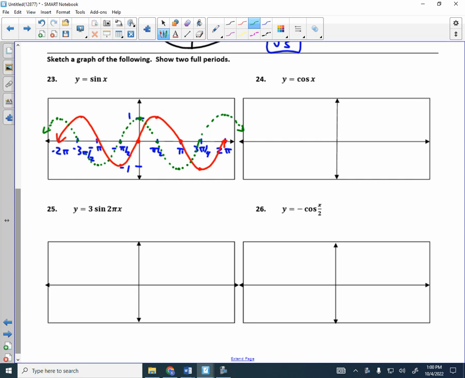So the sine and cosine graphs are actually the same. It's just that they have a horizontal shift that's slightly different. Agreed? It's just a horizontal shift that separates them.